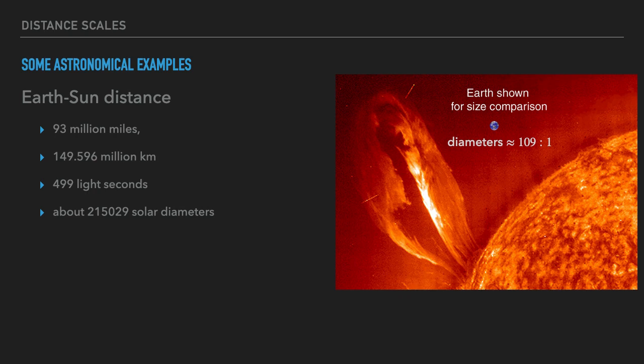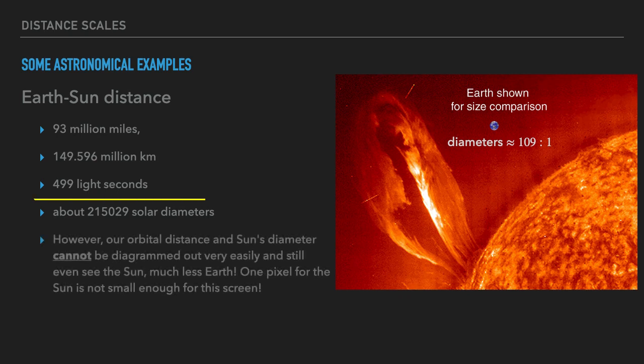It shows the Earth, that little blue circle, in correct proportion to the sun in the lower right corner. But the distances, of course, the Earth's not nearly that close to the sun. We're way further away. That's the problem. We're actually 215,029 solar diameters away. So we've got a problem with this one.